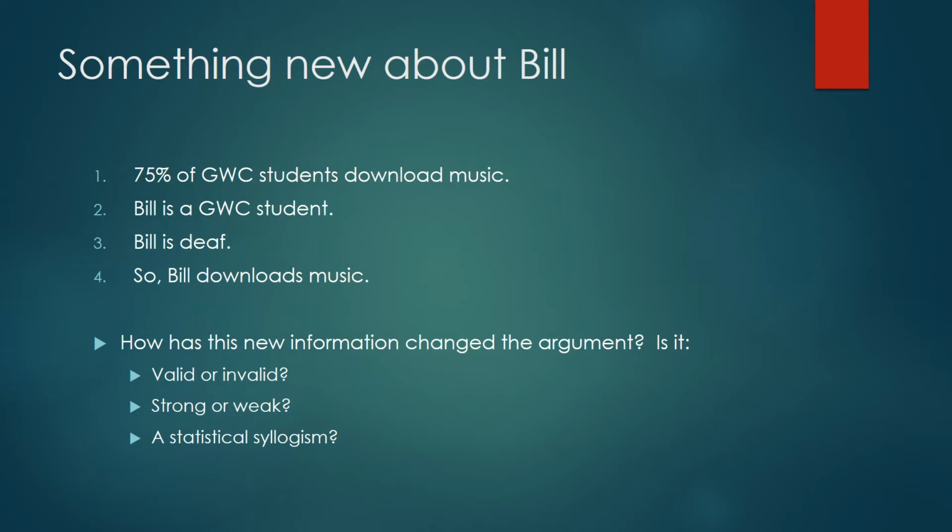Is the argument strong or weak? Well, think about this. This new bit of information that Bill is deaf, at the very least, seems to weaken the argument. Okay? Because if 3/4 of students download music and 1/4 doesn't, it seems likely that if Bill is deaf, Bill is more likely a part of the 1/4 that doesn't than the 3/4 who do download music.